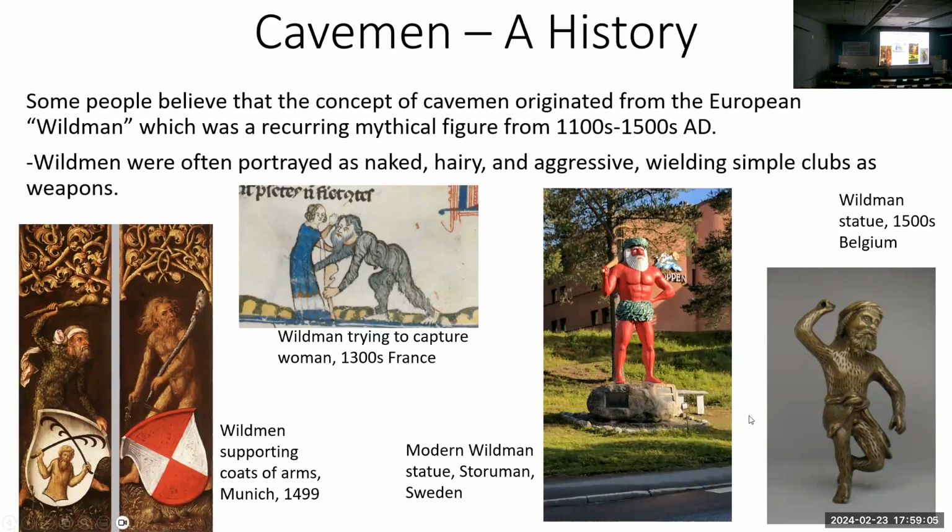And this is some art of European wild men from the 1300s France, and it kind of tells a story of a wild man trying to capture a civilized woman, and she's fighting him off, and then eventually the civilized men have to show up and kill him. You can see a lot of these ideas of this aggressive, kind of aggressively sexual creature that's common to cavemen was already here with the European wildman concept.